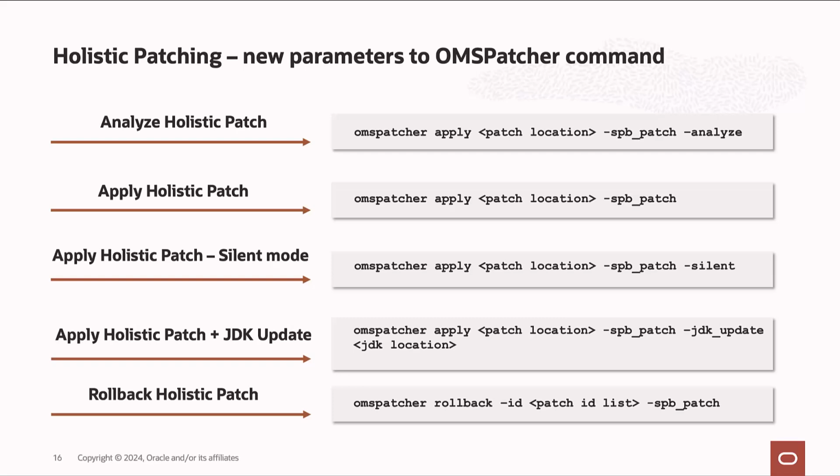If the OMS is on AIX, then the JDK update parameter needs to be passed to the OMS patcher apply command, explicitly to update the JDK inside the OMS home. On other Unix platforms, there is no need to pass the JDK update parameter since JDK will be updated as part of the OMS patcher apply command. We also provide a rollback option for the stack patch bundle through holistic patch.